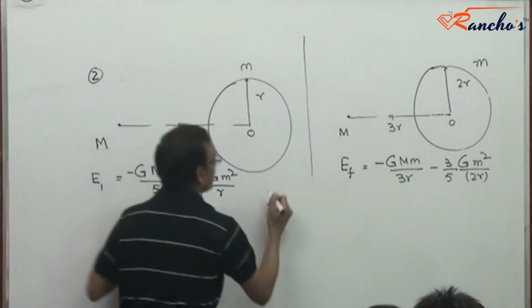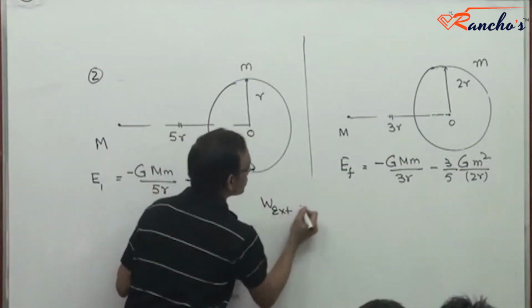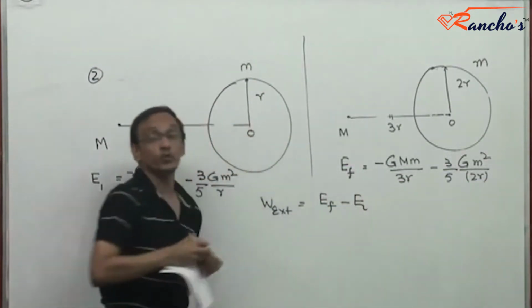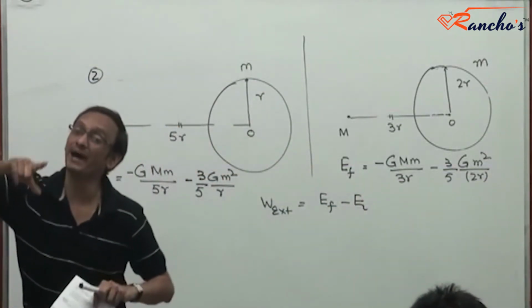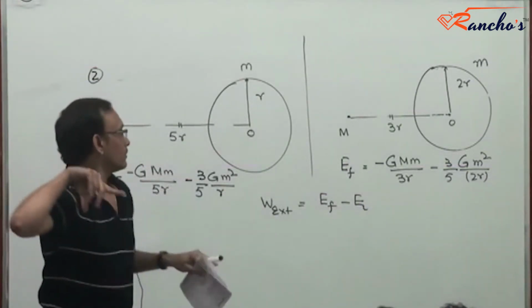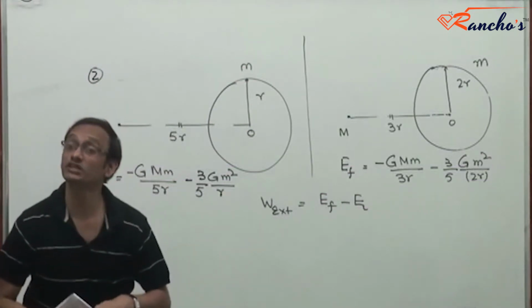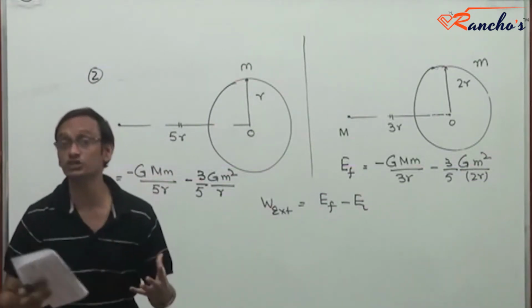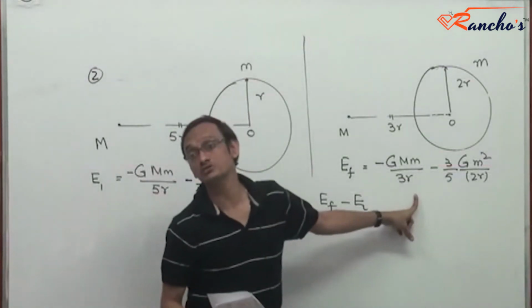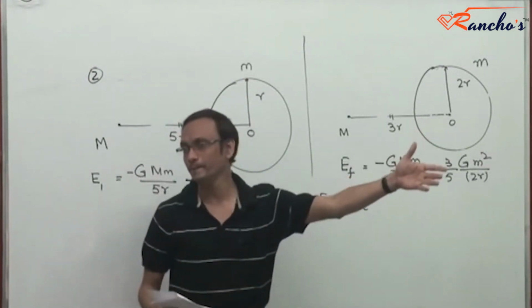So work done by an external agent is going to be Ef minus Ei, and the work done by the field is going to be minus of Ef minus Ei. We are assuming that no kinetic energy is added to the system. If kinetic energy was added to the system, then the work done by the external agent would be this plus change in kinetic energy. Got me?